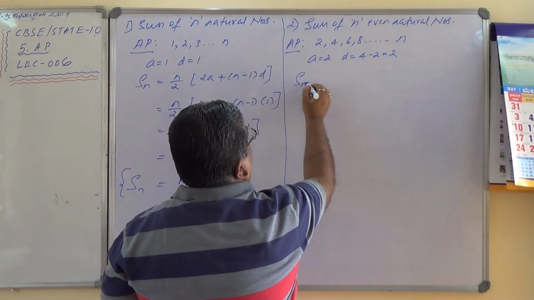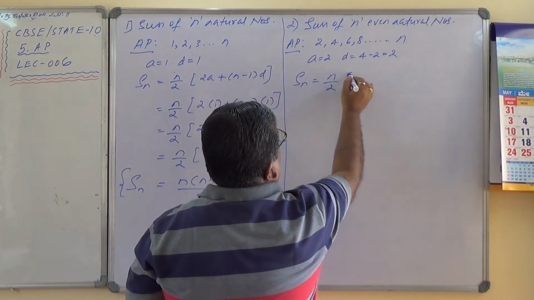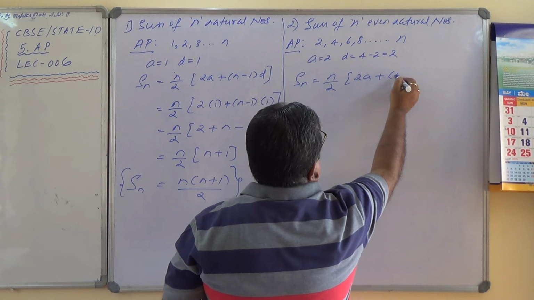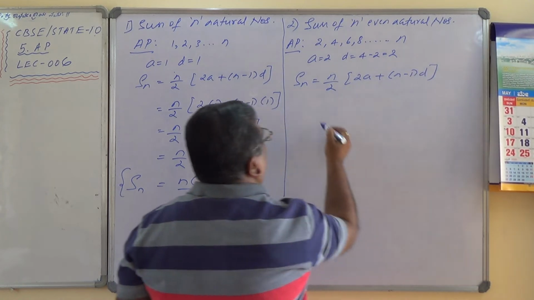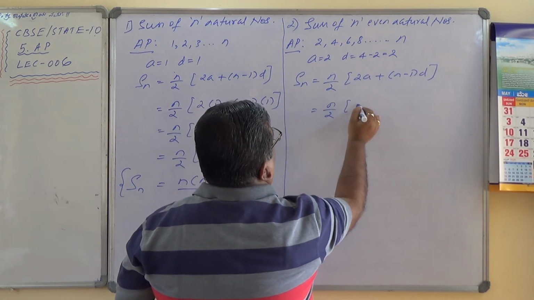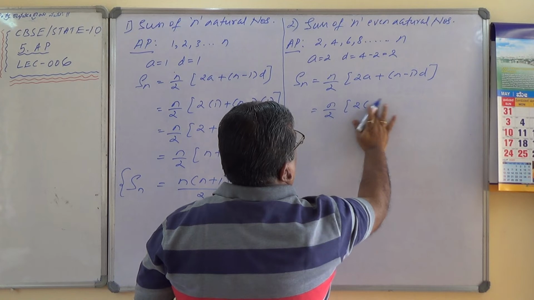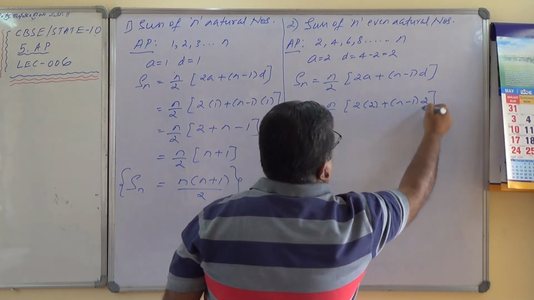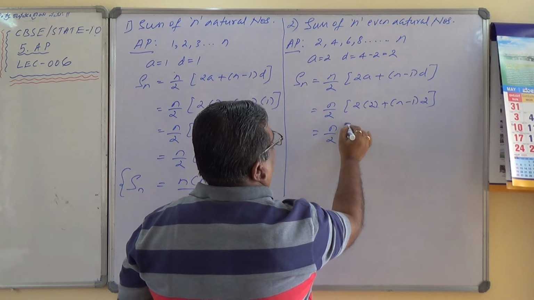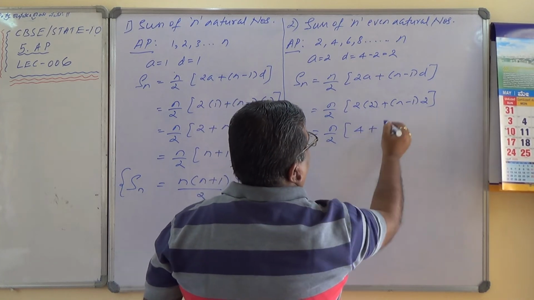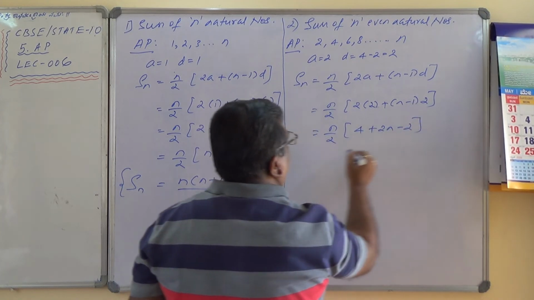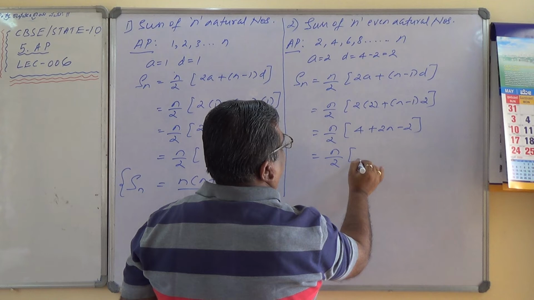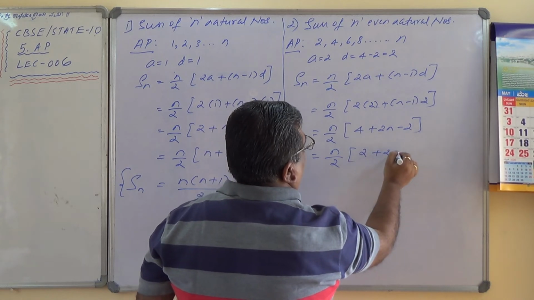Therefore Sn is given by the formula n by 2 into bracket 2a plus n minus 1 times d, and this equals n by 2 into 2 times 2 plus n minus 1 times 2, which equals n by 2 into 4 plus 2n minus 2, which is n by 2 into bracket 2 plus 2n.